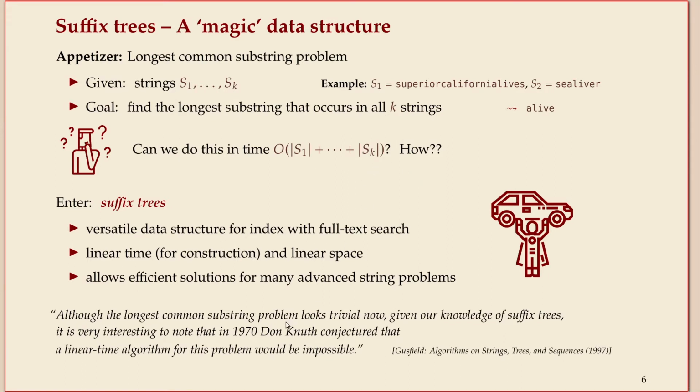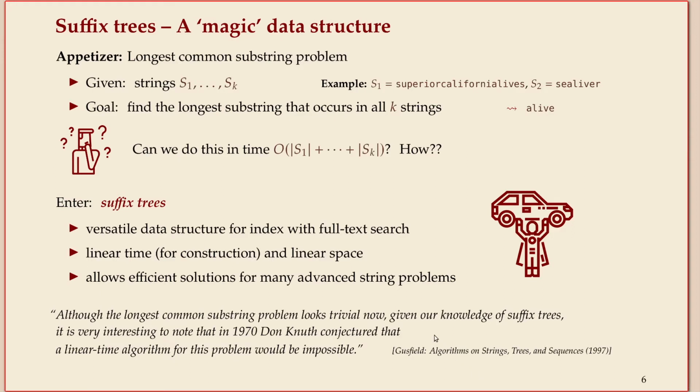And to give more weight to this claim, here's a quote from a book. Dan Gusfield has written this book, which is essentially the Bible on suffix trees. It's the most comprehensive book of applications of suffix trees.